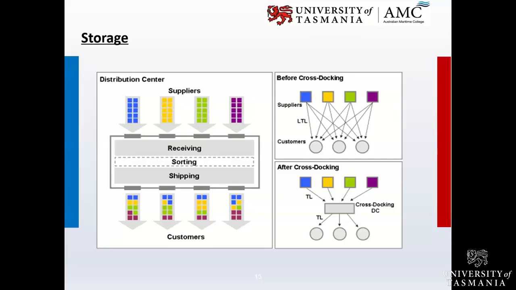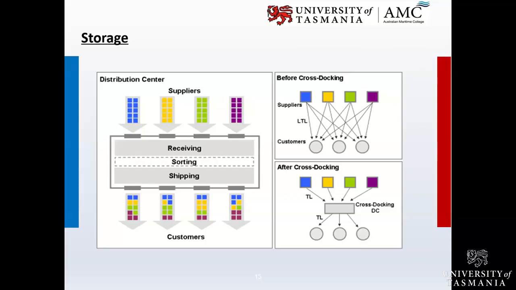For example, we look at the blue box. For this blue supplier, before cross-docking, there are 3 shipments to customer A, customer B, customer C. But after cross-docking, there is only 1 shipment from supplier to distribution center.